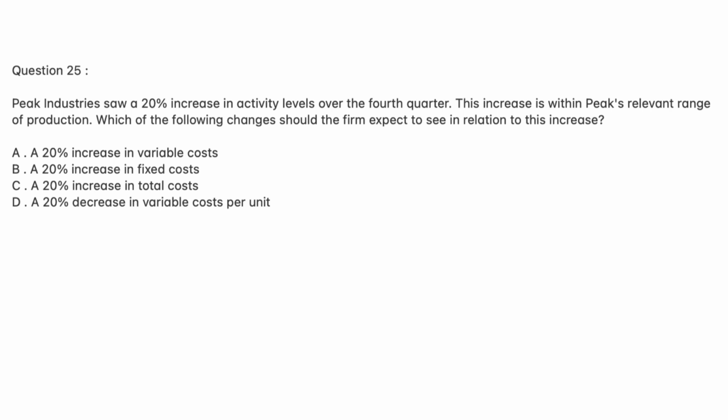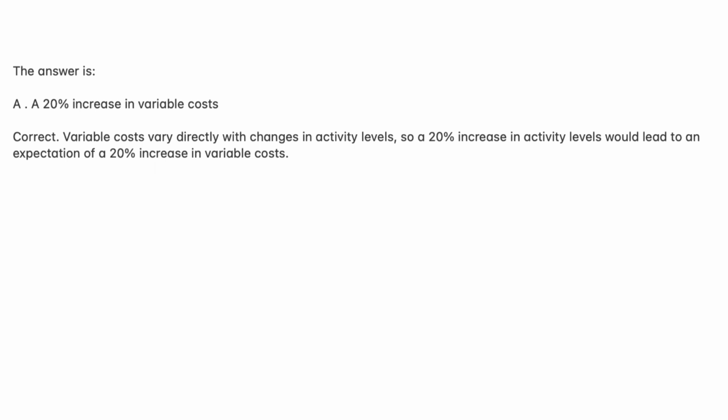C. A 20% increase in total costs. D. A 20% decrease in variable costs per unit. The answer is A. A 20% increase in variable costs. Correct. Variable costs vary directly with changes in activity levels, so a 20% increase in activity levels would lead to an expectation of a 20% increase in variable costs.